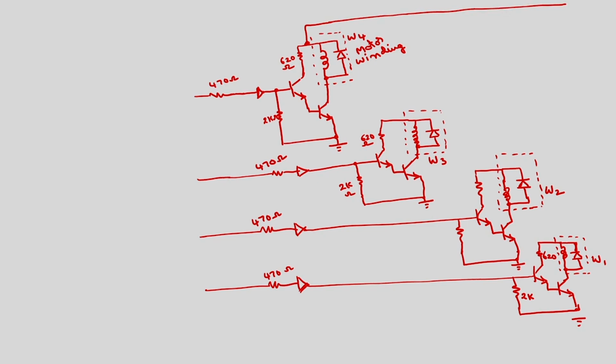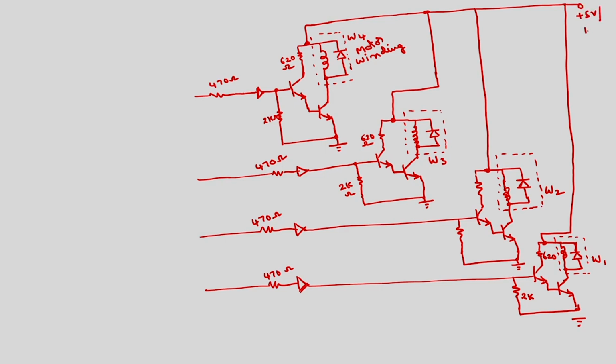We can have 12 volt operated motors also, and 5 volt operated motors also. This will be given to common plus 5 volts or plus 12 volts. This is the complete circuitry which has to be connected to the windings of the stepper motor.